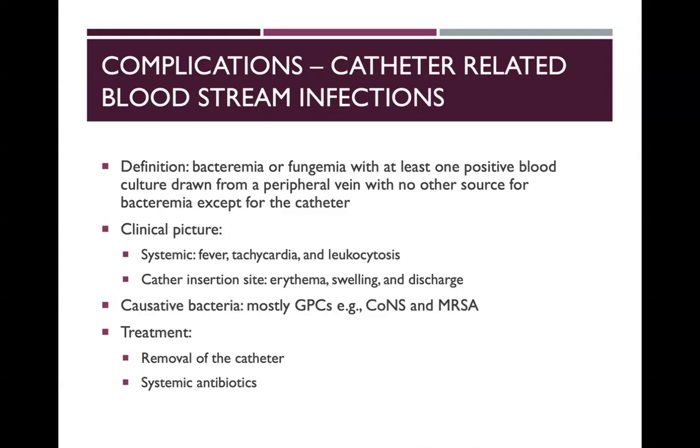So how do we treat that condition? Well, the source is the catheter, so remove the catheter. Sometimes it's not clinically feasible, but most of the time you're able to pull the catheter and just stick another line somewhere else to continue to provide nutrition. And obviously use systemic antibiotics targeted to the bacteria or fungus that has grown, based on the sensitivity testing for that microorganism.